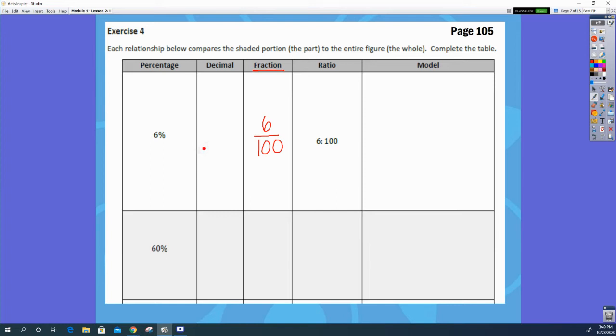So here's my decimal. I have tenths, hundredths. Now if I say 6 hundredths, 6 would go in the hundredths, and then I would put a 0 in the tenths. They want me to model this. So real quick, we can model this. All right, so we have 10 columns.